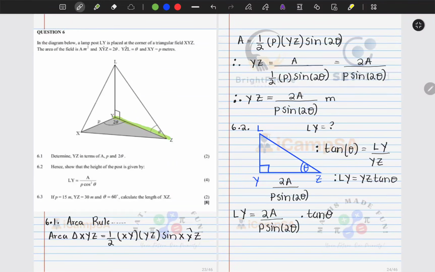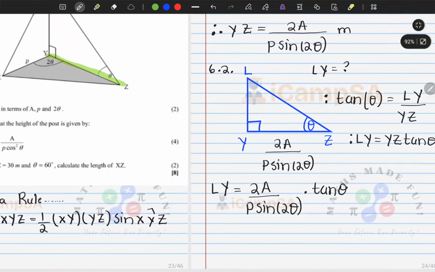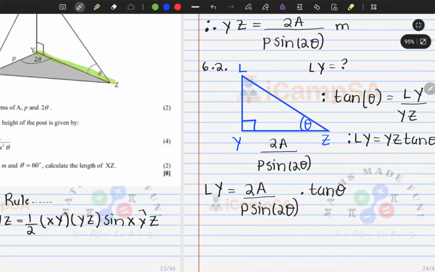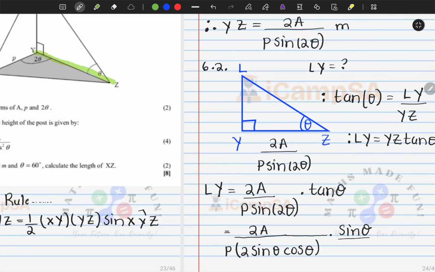So what I'm going to do is to express this in their respective angles. Just split them apart. So we'll have 2a divided by P into, this is a double angle expression, so I'm going to have 2 sine of theta times cos of theta. Then times tan, we know it's sine of theta divided by cos of theta.